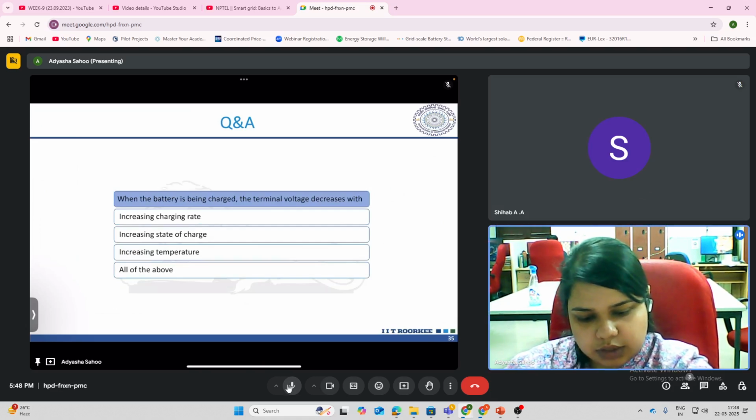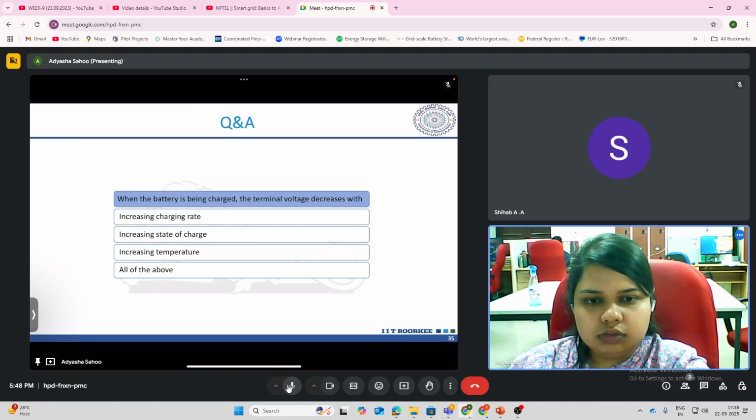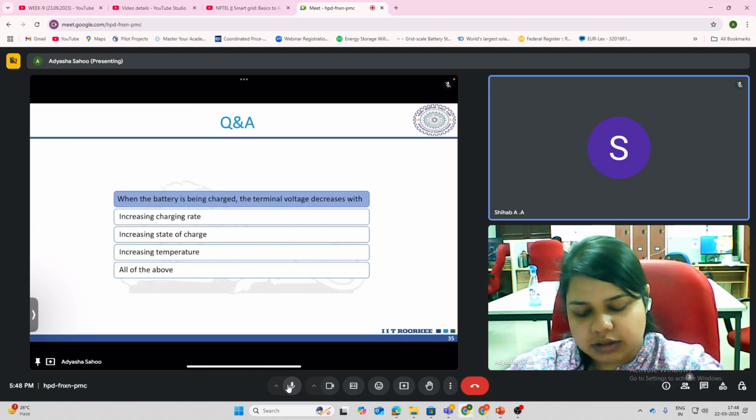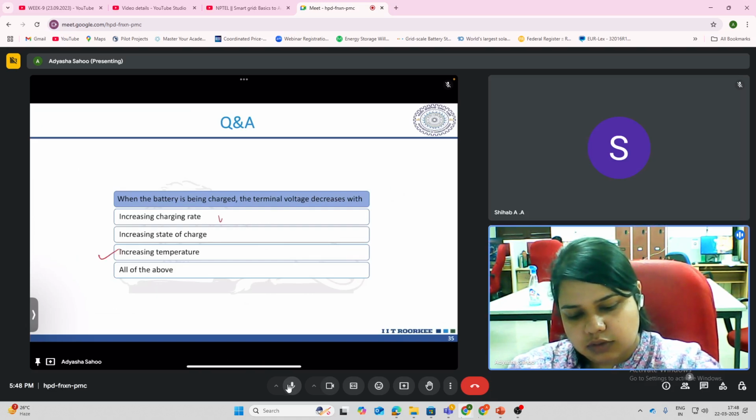When the battery is being charged, the terminal voltage decreases with increasing charging rate, increasing state of charge, increasing temperature, or all of the above. Increasing temperature. In both of these, the voltage increases.